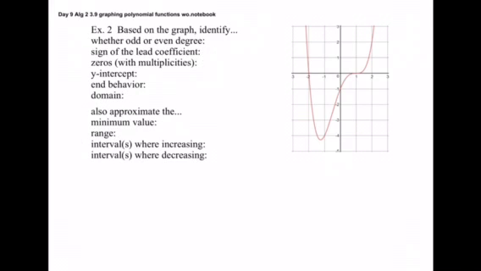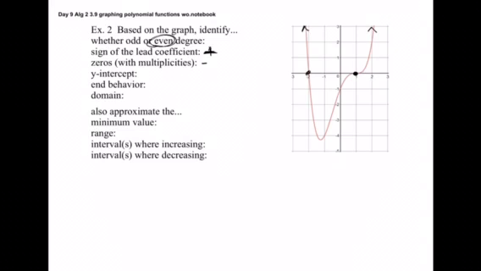Example number 2, based on the graph, identify whether odd or even degree. So both of our ends are rising, so we know that this is an even degree and our leading coefficient is positive from that original chart. We can tell that our zeros are at 1 and negative 2.